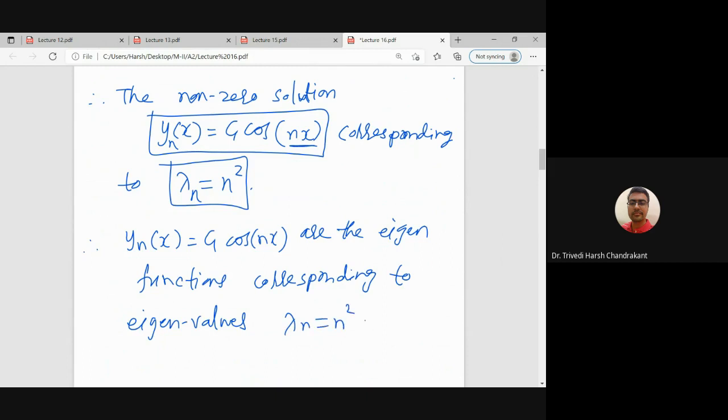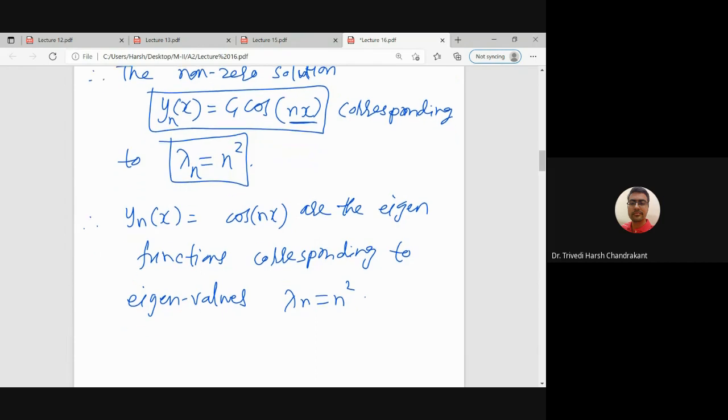So here we are not getting any condition over c1, am I right? So in particular, if we want, we can take a special function, like we can assume c1 is equal to 1.